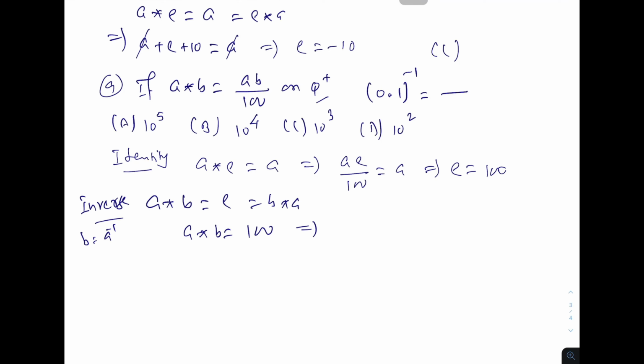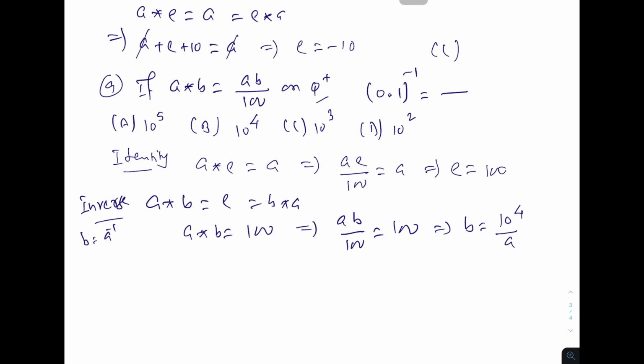A star B equal to AB by 100. So AB by 100 equal to 100. So this would imply B equal to 10 power 4 divided by A. That is our inverse.